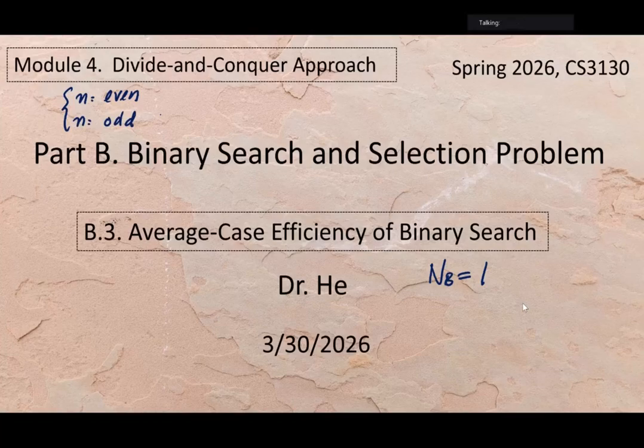For the odd case, there is no confusion: the element right in the middle. But for the even case, there are two elements in the middle, equally close to the middle. So the question is, which one should we use as the real median? Because we can only use one of the two.